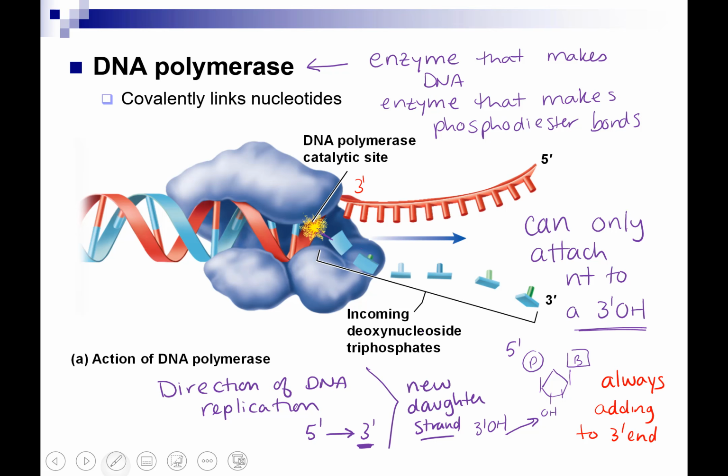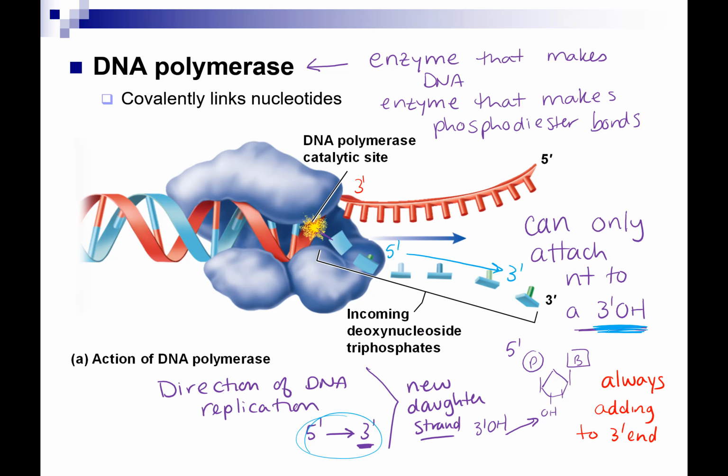The new strand is being synthesized 5' to 3'. Okay? So this is always talking about the new daughter strand. So where does DNA polymerase get a 3' OH? How does it start?